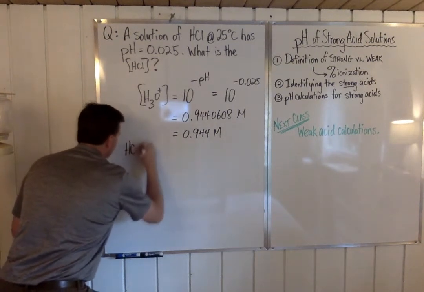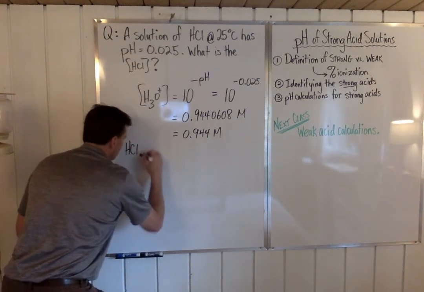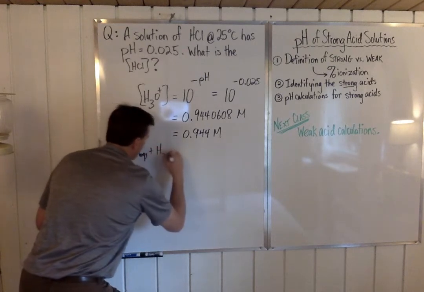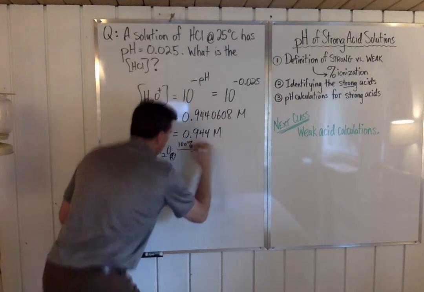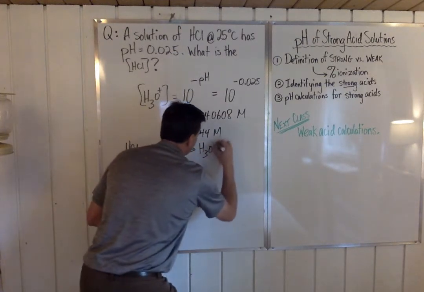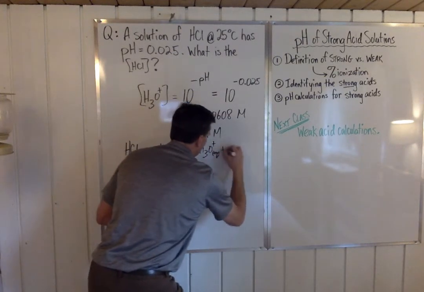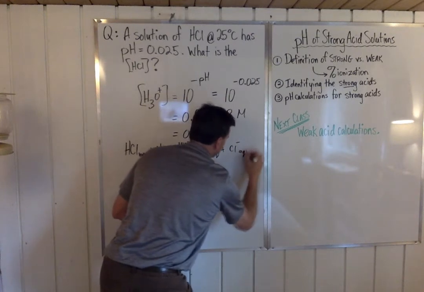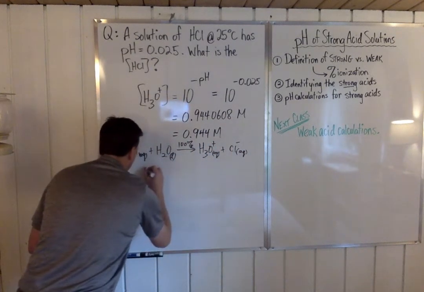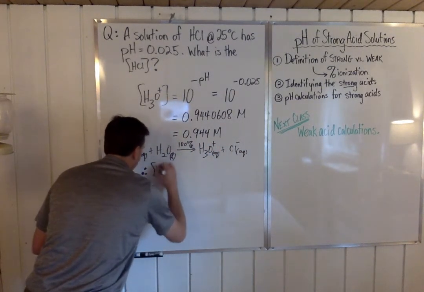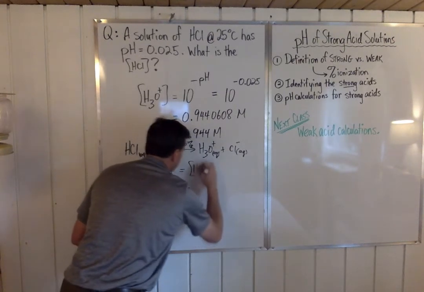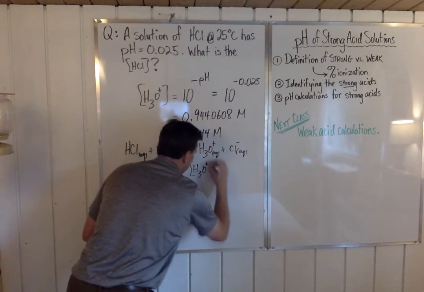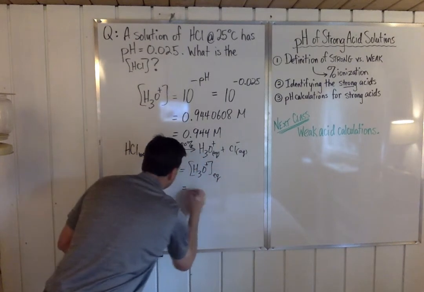So I accept HCl in water reacts 100% to form hydronium plus Cl minus. Therefore, the HCl initial equals the hydronium at the end.